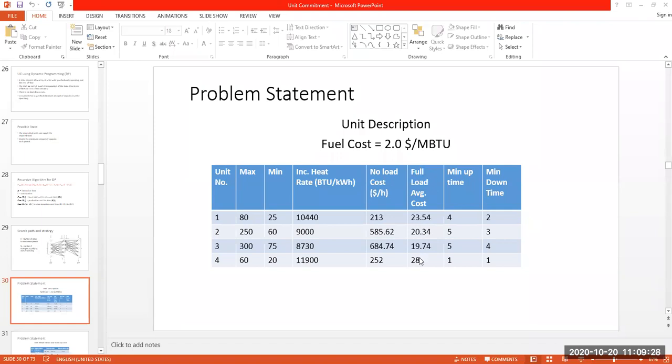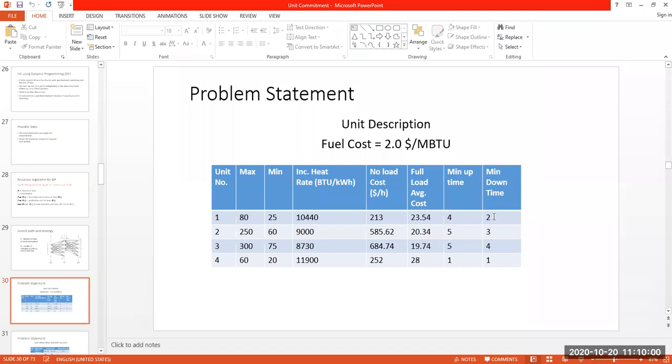So this is that value given here. And then you have 2 more critical pieces of information, minimum uptime and minimum downtime. These are in hours. For example, for unit number 1, the minimum uptime is 4 hours. That means once you turn on the unit, you can't immediately turn it off until it has run for 4 hours consecutively.